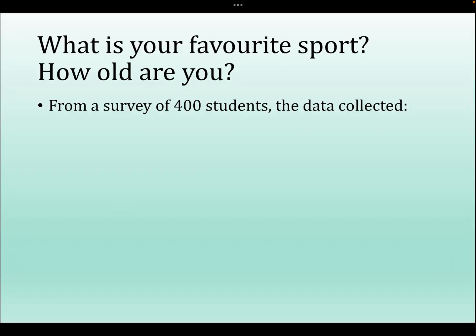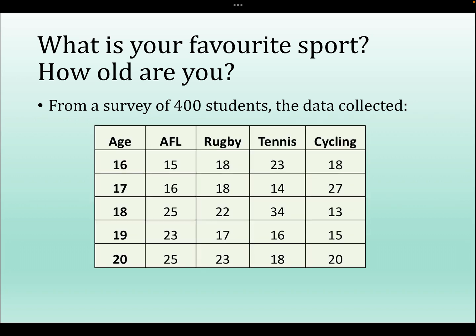Now, if you survey 400 students from Shenton, asking what is your favorite sport and how old are you, the 400 students would be a sample survey. It's not a census because Shenton has about 2,800 students. We are only looking at 400 students. All right? So we could have collected the data from ages 16 to 20.